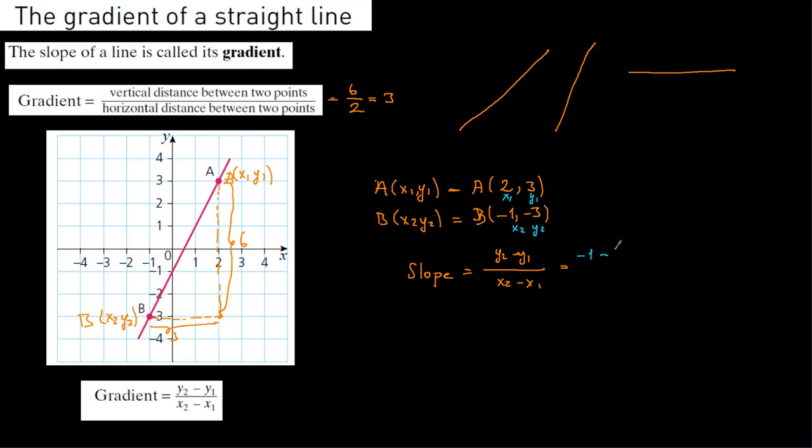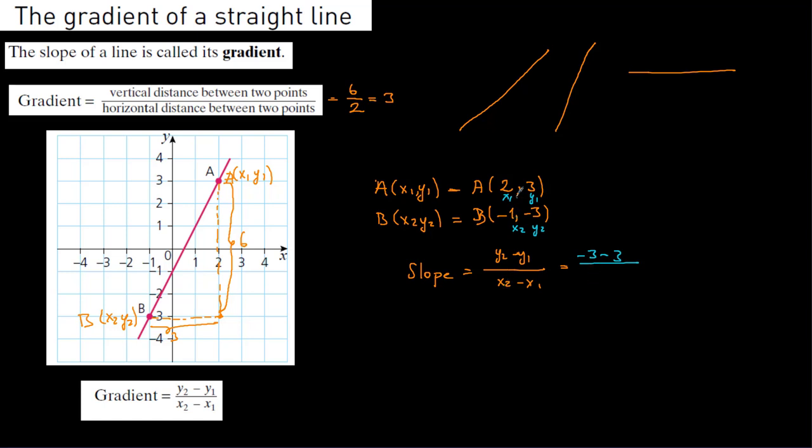Then this is going to be equal to minus 3 minus 3. Actually, not minus 1, minus 3 minus 3. It has to be. That's good. y2 was minus 3. I'm sorry, I have written the parenthesis here. Minus 3 minus 3 divided by x2 minus x1.